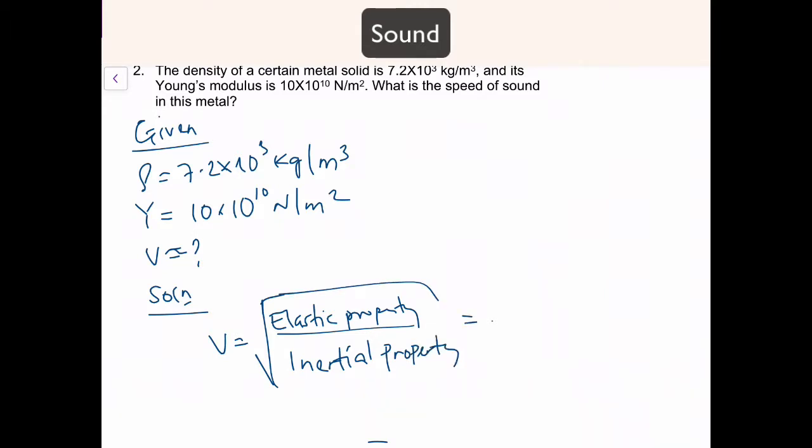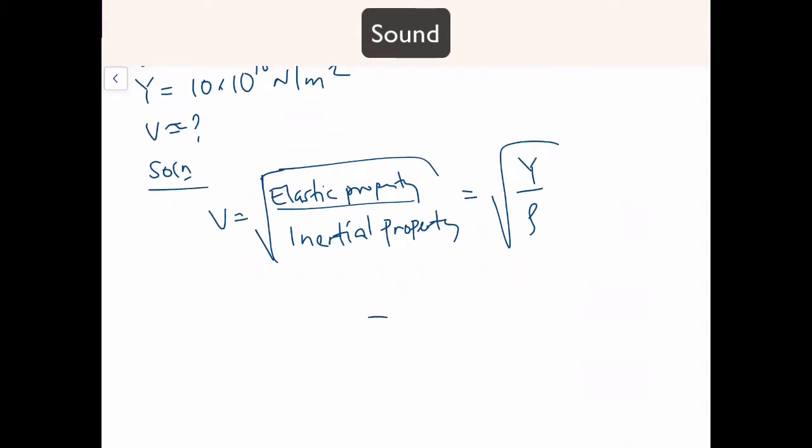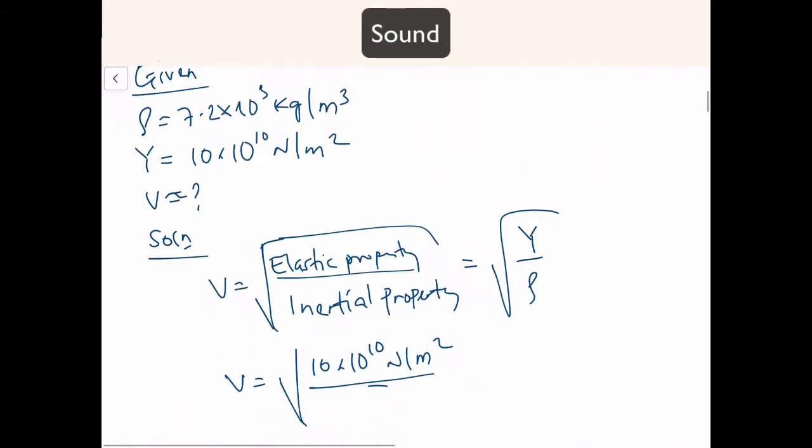The elastic property in this case is the Young's modulus, and the inertial property is literally the density. If you substitute those values, the Young's modulus is given as 10 times 10 to the power of 10 Newton per meter squared. Everything is in SI units, so your V will also be in SI units, meter per second.